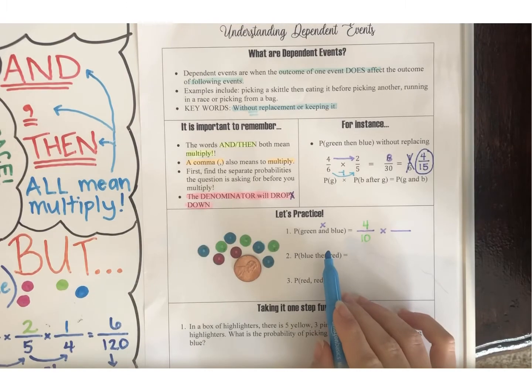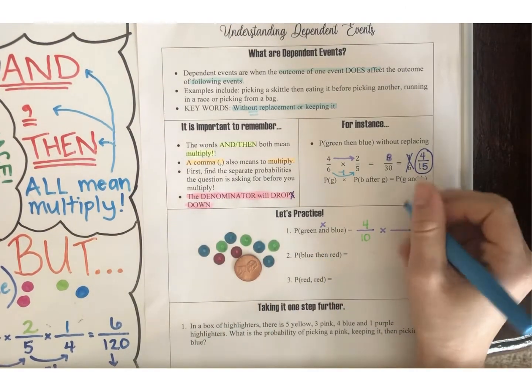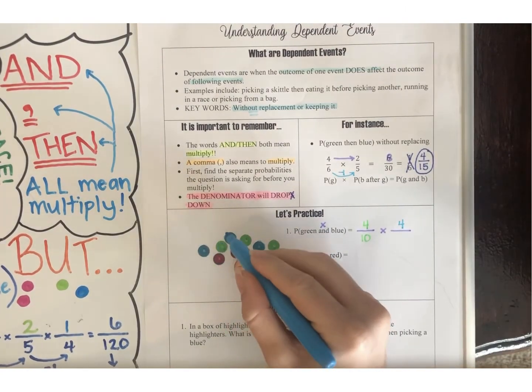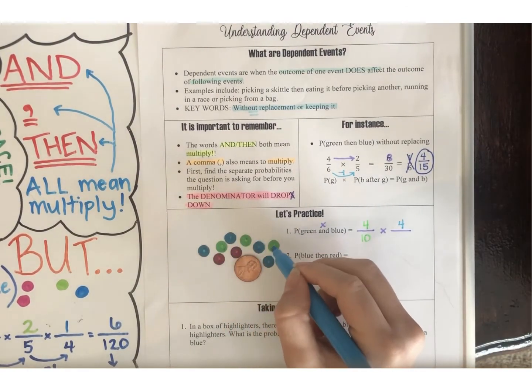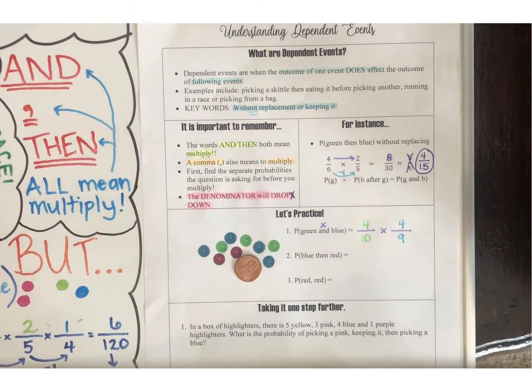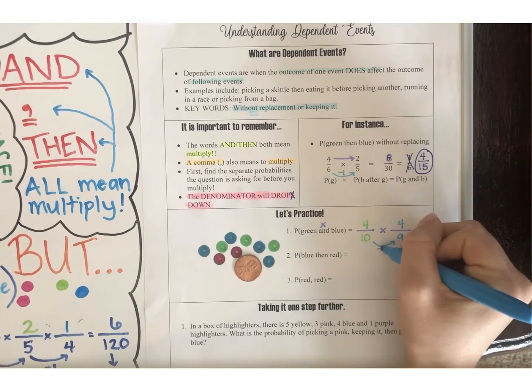Now we're looking at the probability of blue. We have 1, 2, 3, 4 blue, but there is only 1, 2, 3, 4, 5, 6, 7, 8, 9 marbles left. As you can see, our denominator dropped by 1.